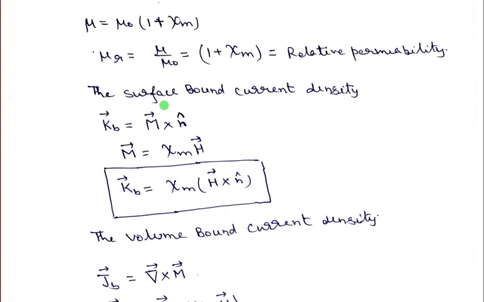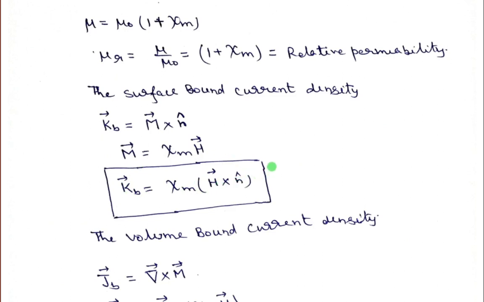We know that the surface bound current density vector Kb is equal to capital M vector cross product with the normal unit vector n. And in the previous page I defined that M is directly proportional to H. It means capital M vector can be written as chi m into H vector. This means for a magnetic material the surface bound current density Kb vector can be written as chi m into H vector cross product with n unit vector.